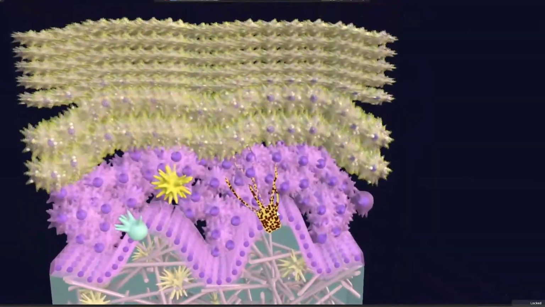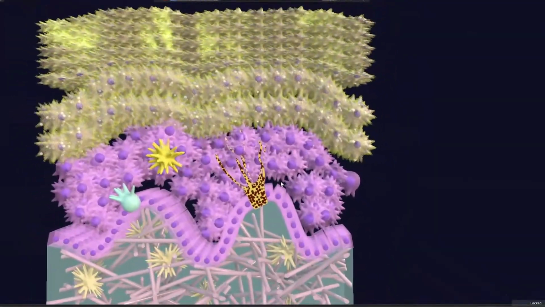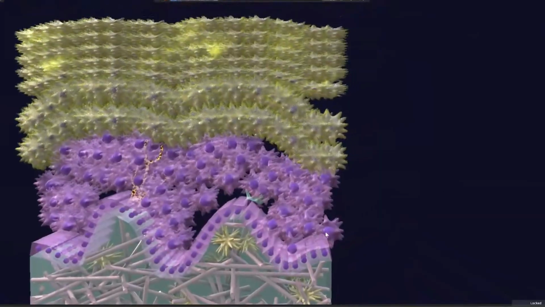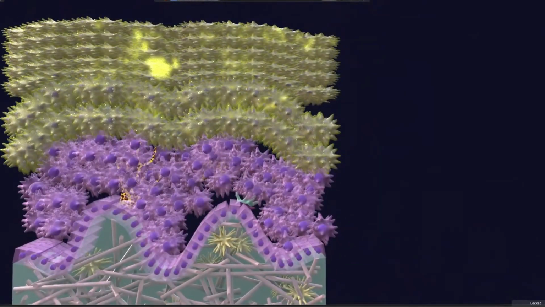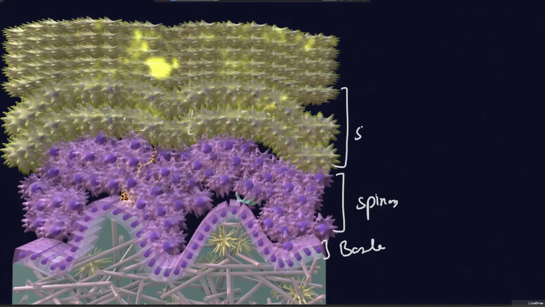This is melanin pigment. If I label this 3D model for you, this is the stratum basale. This is stratum spinosum. And you can see these white specks here. These are basically the stratum granulosum. And finally, we have stratum corneum.